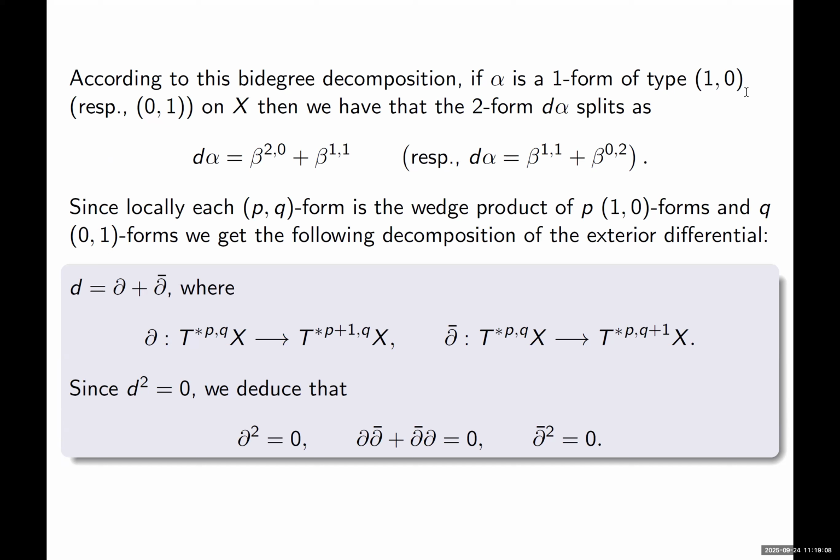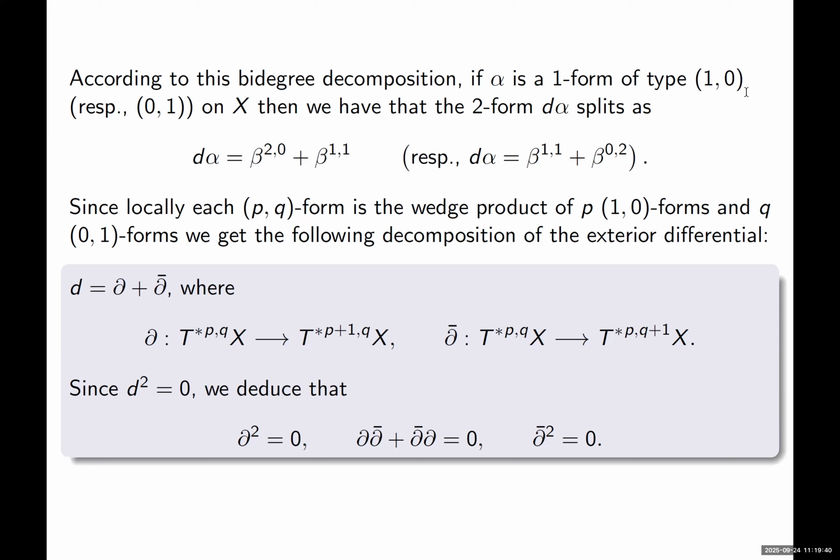So the differential of a (0,1) form splits as the sum of a (1,1) part and the (0,2) part. And since locally each (p,q) form can be written as the wedge product of (1,0) and (0,1) forms, this gives rise to a decomposition of the exterior differential, so that d splits as the sum of these two operators, del and del bar, which on the bundle of (p,q) forms are nothing but the projection into the part of type (p+1,q) and (p,q+1) respectively of the differential.